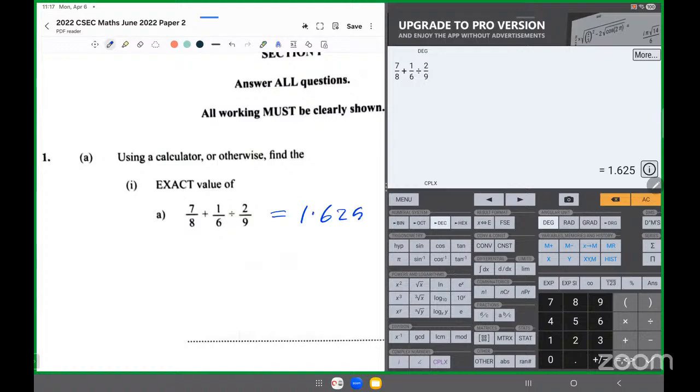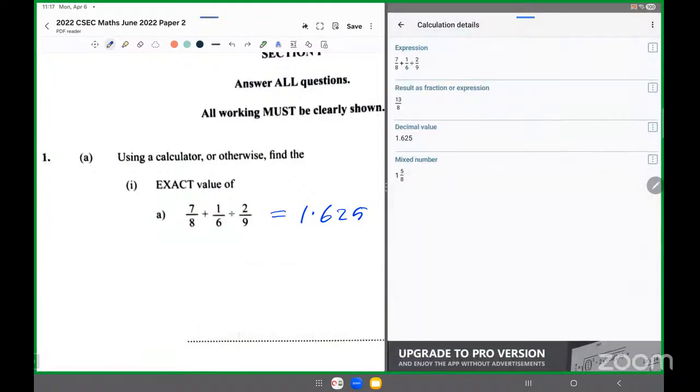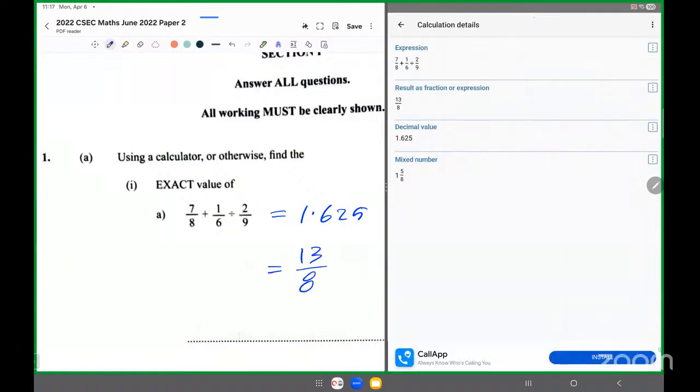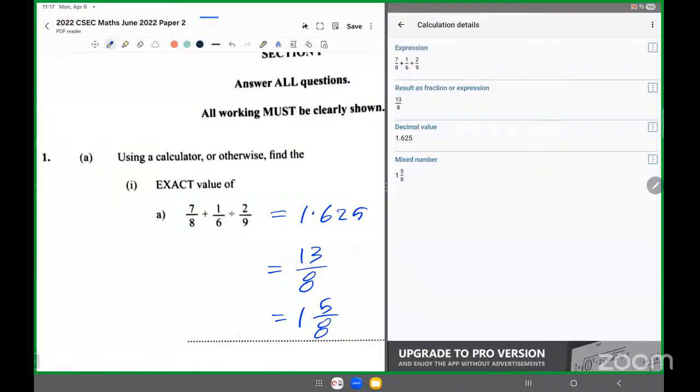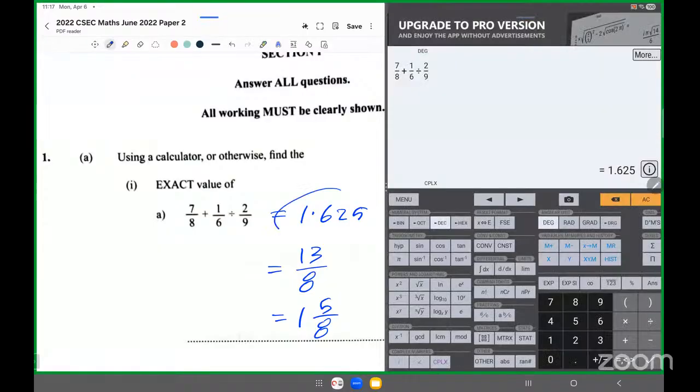But since they gave it as a fraction, you would tend to want to give it back as a fraction. And it would be 13/8, or it could be this one, 1 5/8. All right, those are all exact values. Most times if you get a non-ending decimal, a decimal that does not terminate, you don't put the decimal.